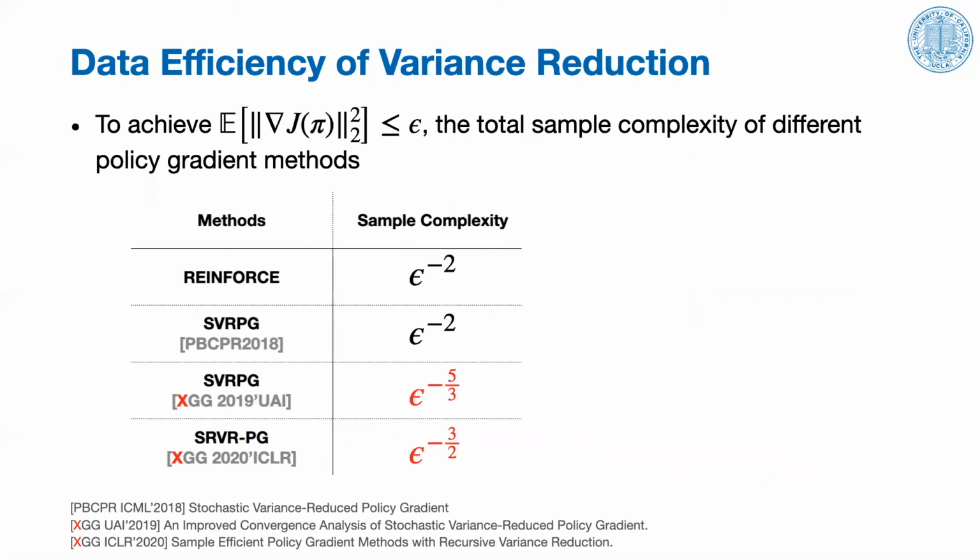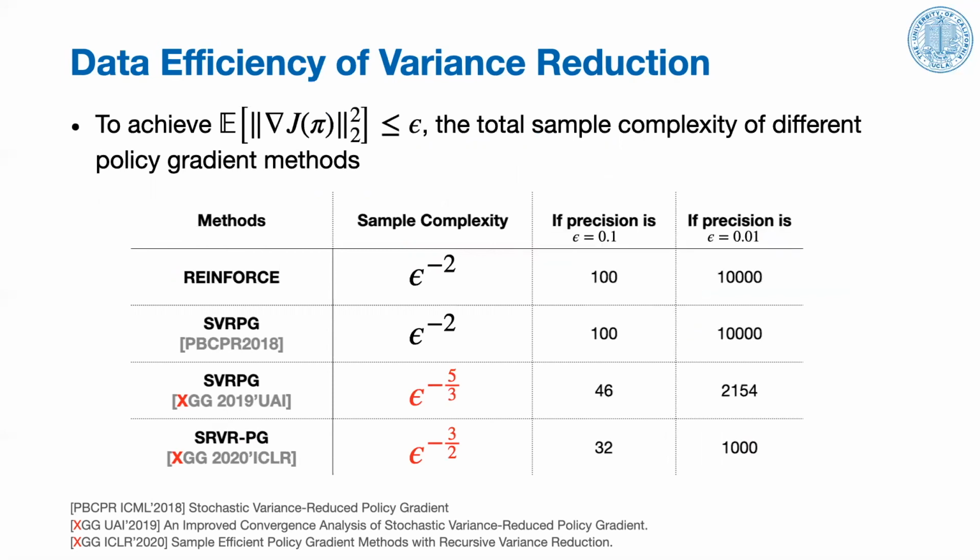Theoretically, we show that in order to achieve an epsilon-stationary point of the performance function J, the total number of samples needed by stochastic variance-reduced policy gradient is orders of magnitude fewer than vanilla policy gradient. More illustratively, let's assume the required precision is 0.1.